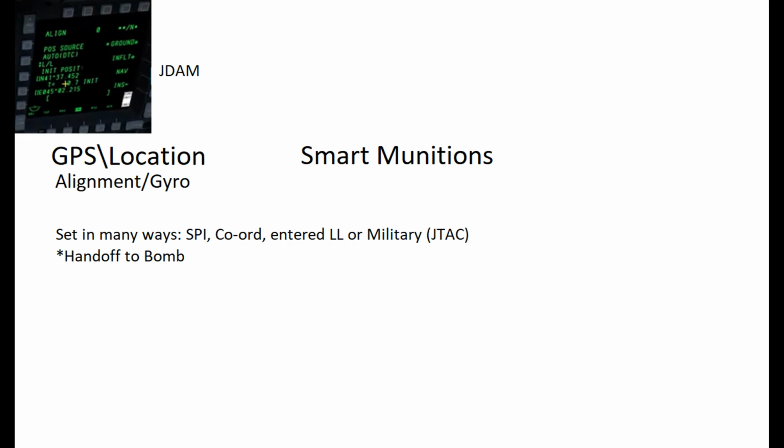One of my favorites. The coordinates can be entered manually, either through pre-planned or data tape or whatever. Not with the A10, I'm just speaking in general now. Entered manually into the scratch pad. Sometimes they're entered through latitude, longitude notation, or the military notation, which I can't remember what it's called.